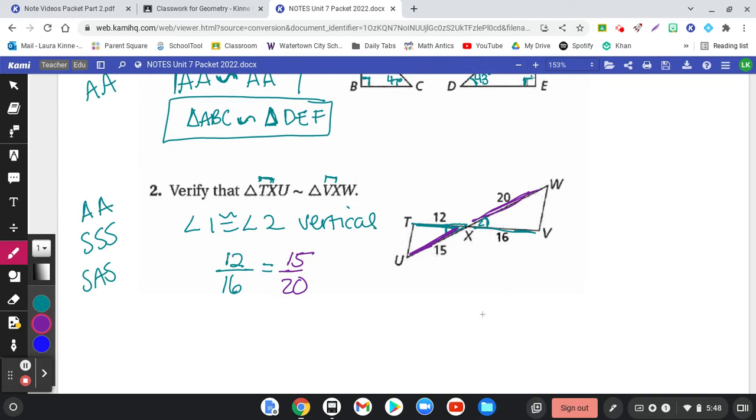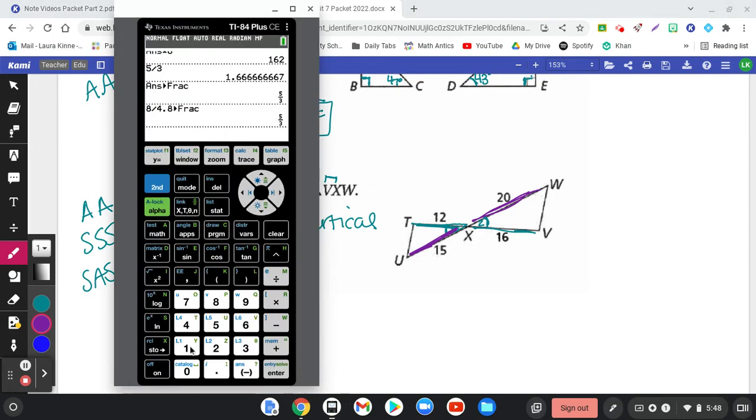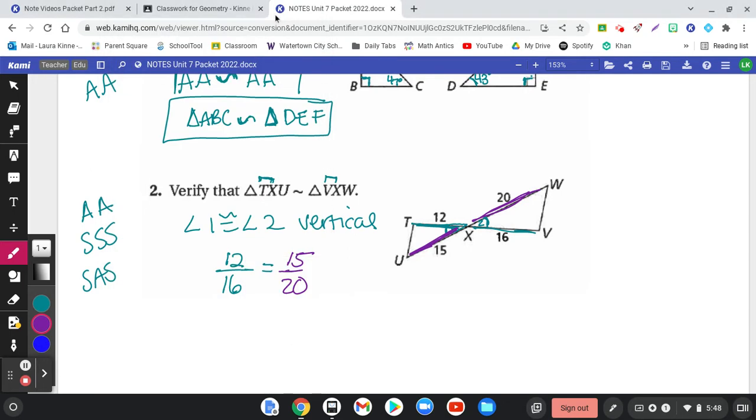Let's simplify those and see if we get the same thing. Another thing you could do is cross multiply. If you get the same product, it's the same. But all right, 12 divided by 16, math, enter, enter: 3/4. Now we're going to do 15 divided by 20, simplify it: 3/4 as well.